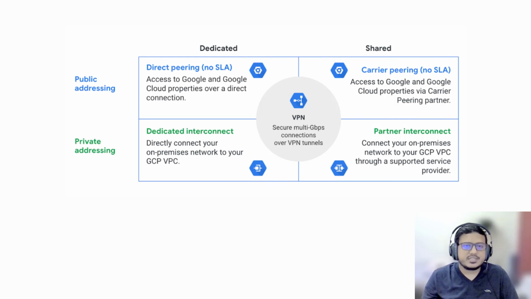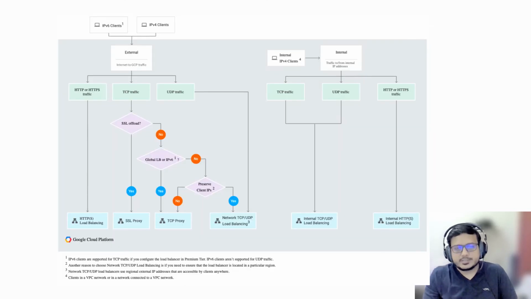So these are the three ways in which you can connect to Google Cloud and Google's network from your external or on-premise network. Now, moving on to the other network services, let's talk about load balancers.